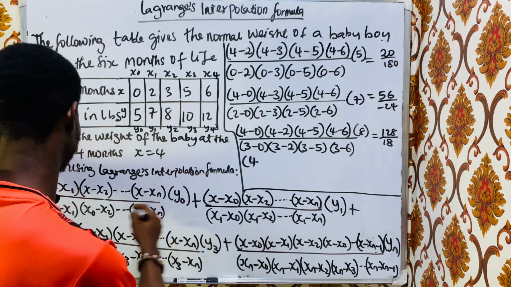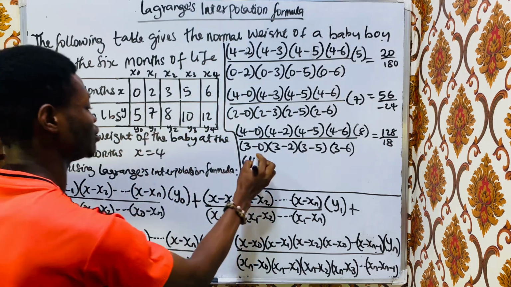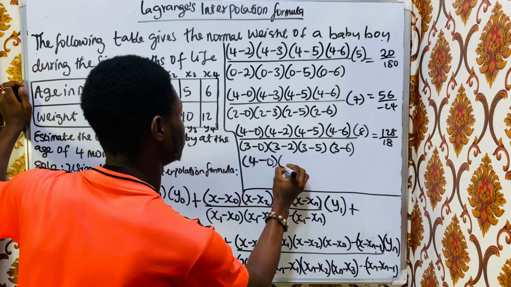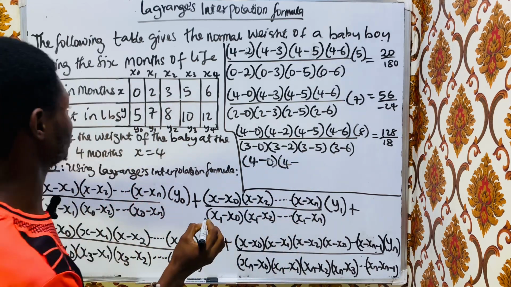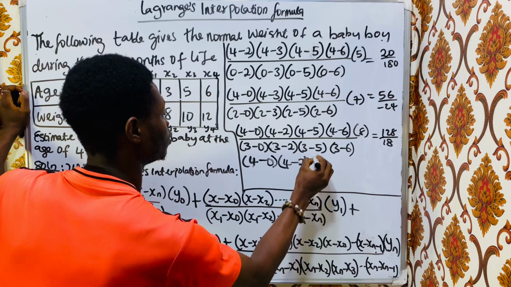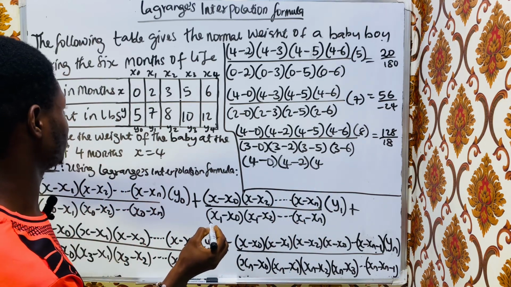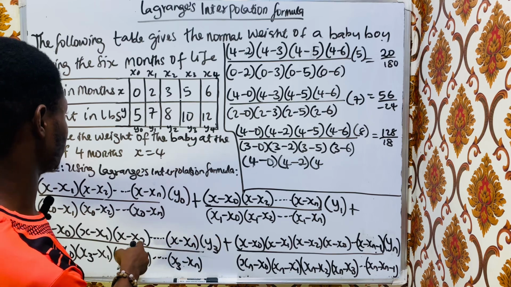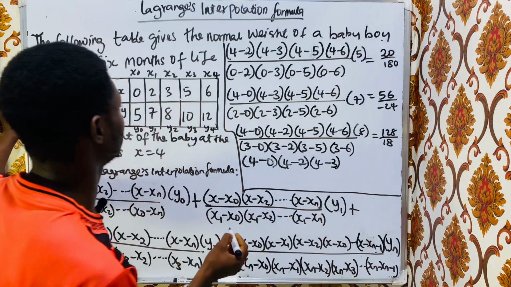So it will now be x minus x0, which is 4 minus x0, which is 0. Then 4 minus my x1, which is 2. Then 4 minus my x2, which is 3, so 4 minus 3.